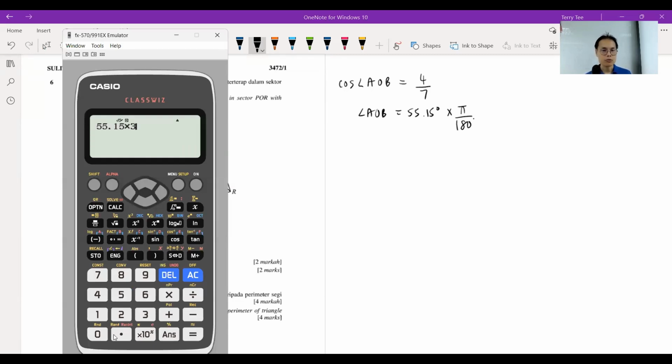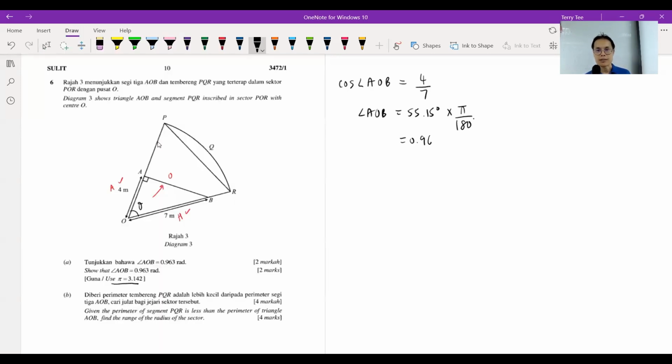Because you are converting and using 3.142, it is actually better to use the calculator pi, right? So you notice you get 0.96267. We can just write 0.963 in radian.